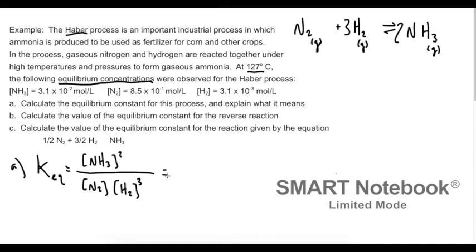And now all I have to do is plug and chug. Please remember that in this equation, these must be the concentrations at equilibrium when the system has reached equilibrium. And these concentrations that were given to me are indeed for when the system has reached equilibrium. So my concentration of NH3 is 3.1 times 10 to the negative second.